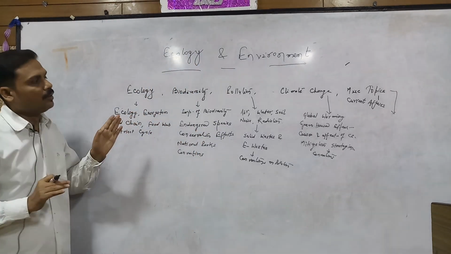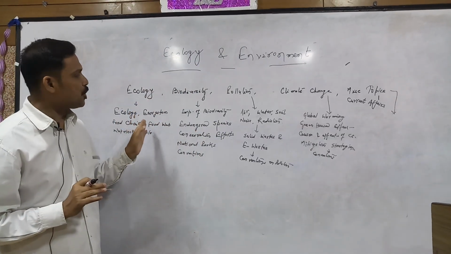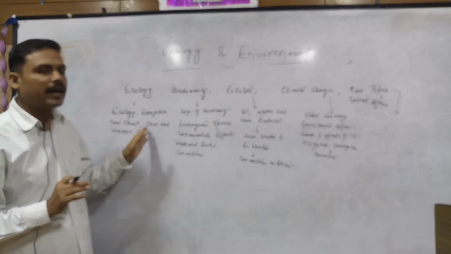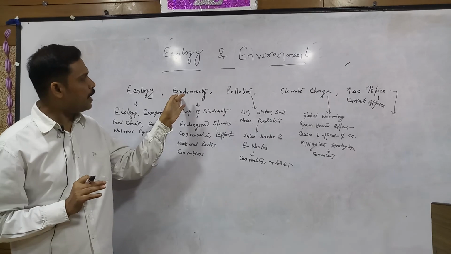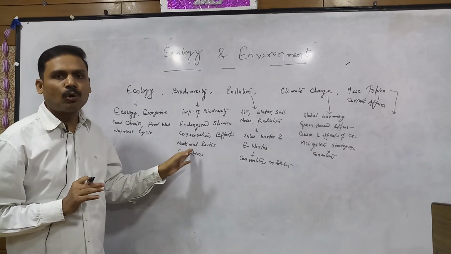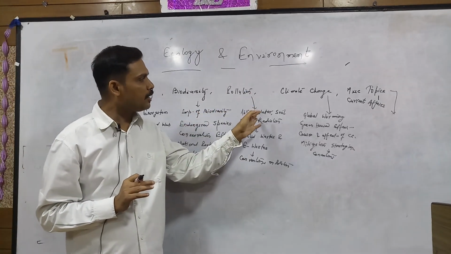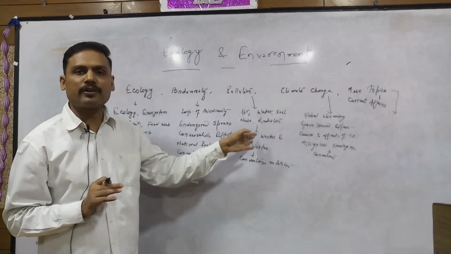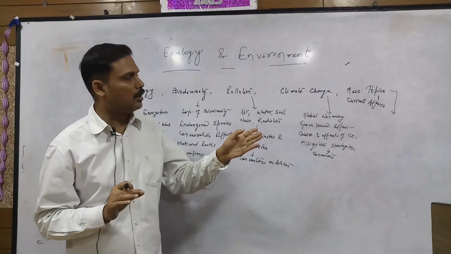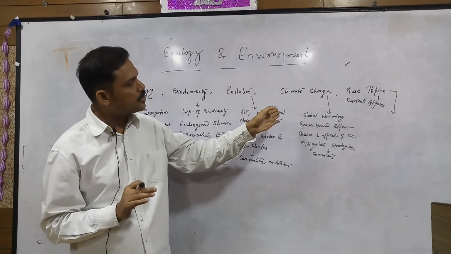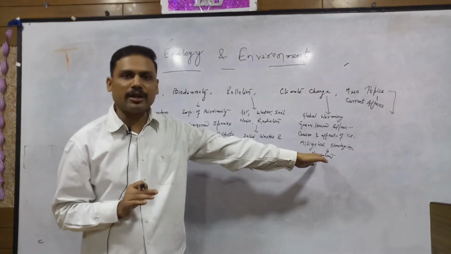We have a portion of geography in ecology and ecosystems, a portion of biology in biodiversity, a portion of chemistry in pollution regarding air, water and soil, and also some current affairs and chemistry portion in climate change.